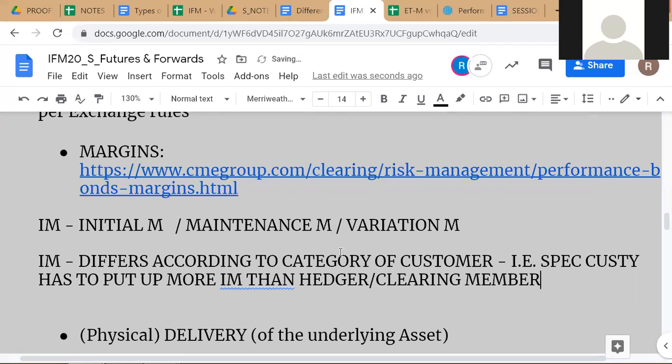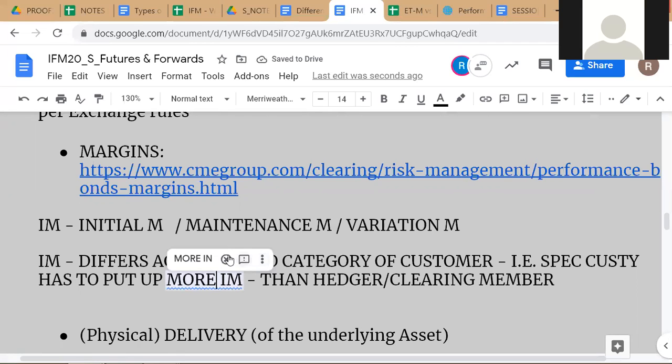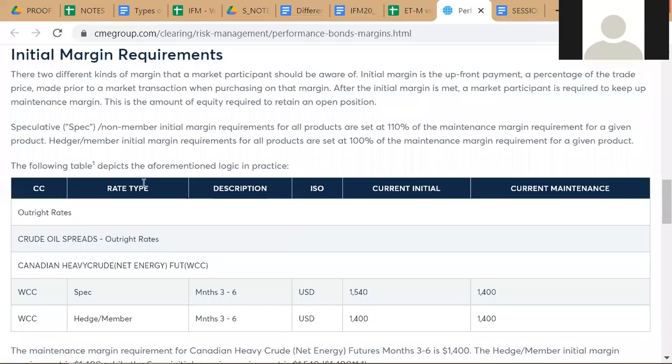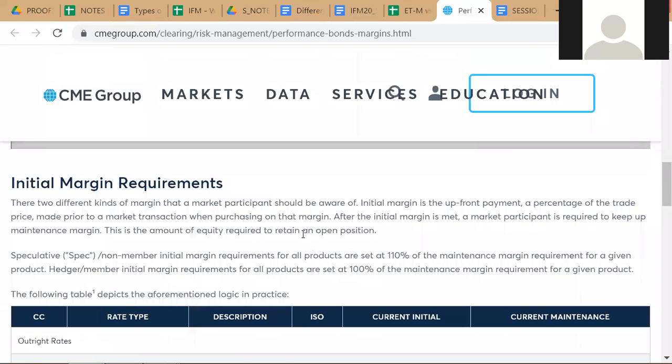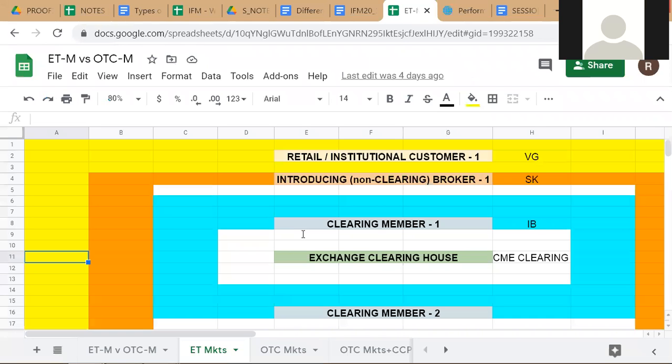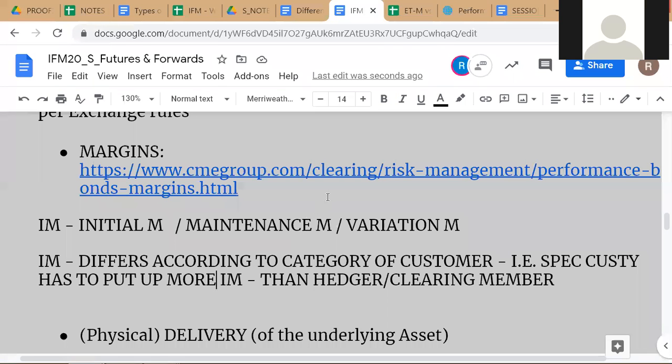Okay, this is actually already written. IM here is initial margin. Okay, right. So this is already written over here. Okay, as you can see from the CME page. Okay, so this is what we have here.